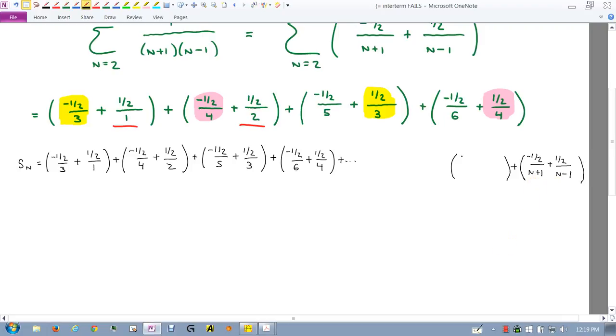So you get negative 1/2 over n plus 1/2 over n minus 2. And the one right in front of that, negative 1/2 over n minus 1 plus 1/2 over n minus 3. That's your nth partial sum.